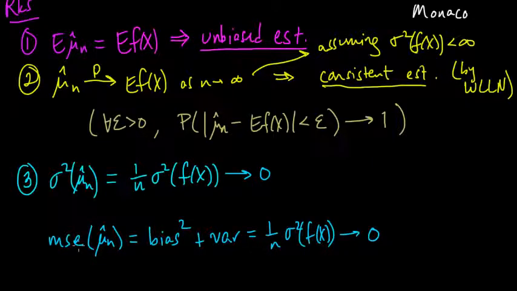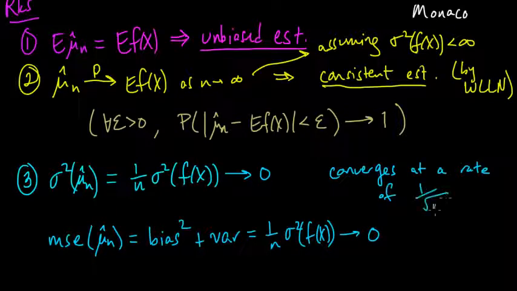Usually, if you take the square root of this, that's the standard deviation of your estimator mu hat n. And since it's usually easier to think in terms of standard deviations, people say that this is converging at a rate of 1 over square root of n.